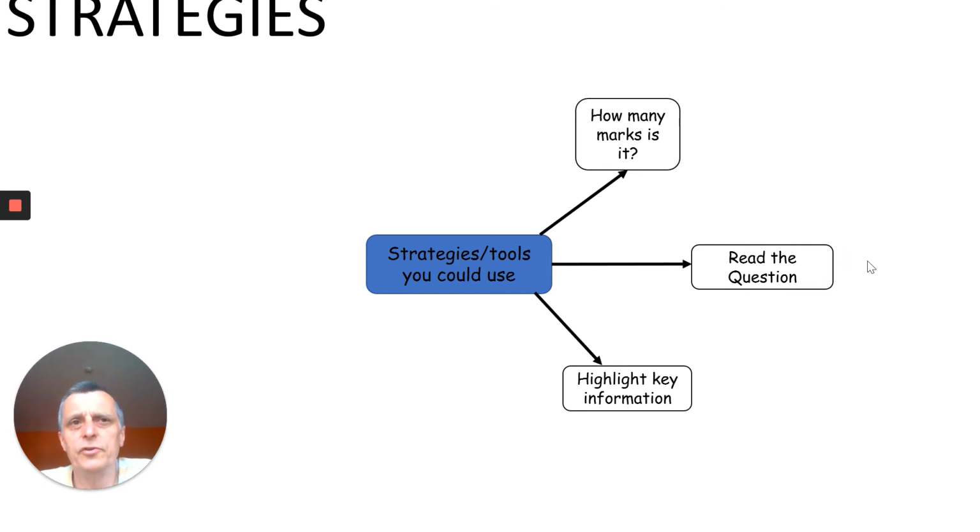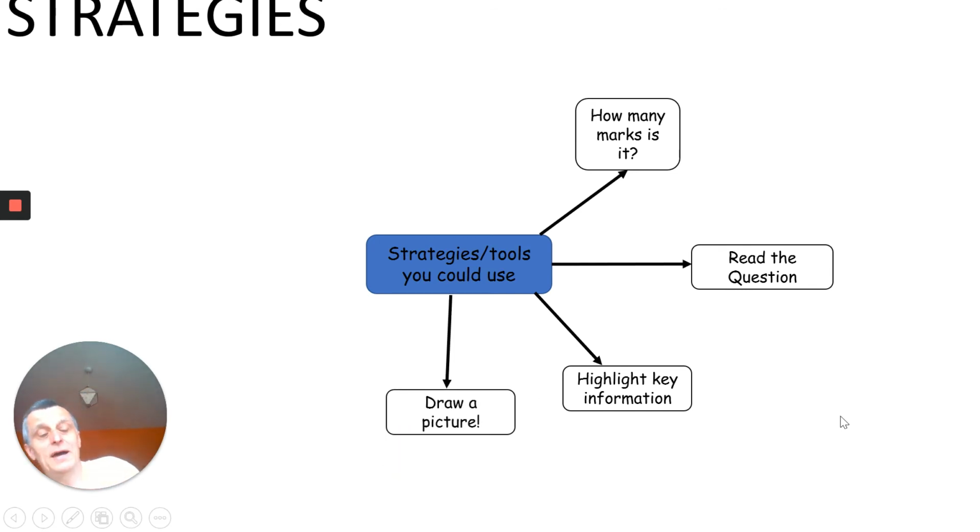You don't get marks for doing the highlighting, but it can help you get those marks. If you don't have a highlighter, you can just underline it. Which bits of the question are important to you? Which bits are you going to be using to develop your plan? And then your plan is going to lead on to the maths. So that's really, really important.